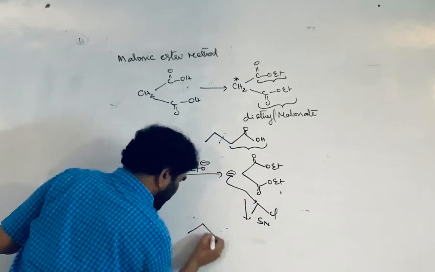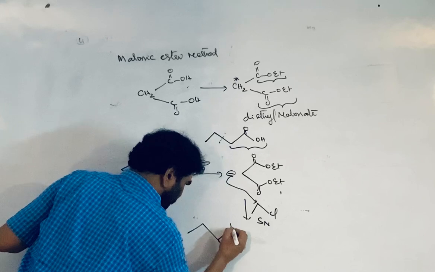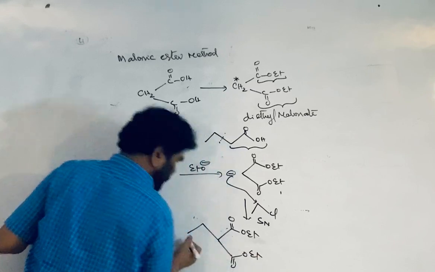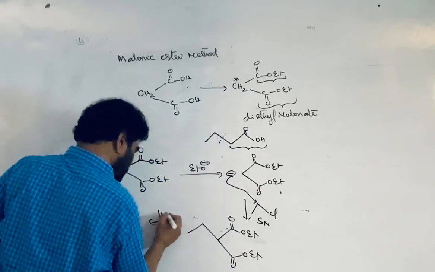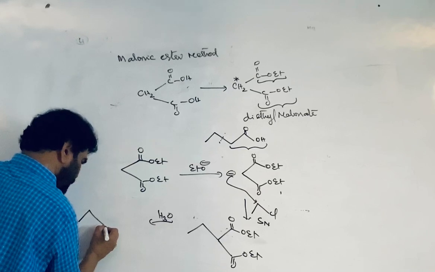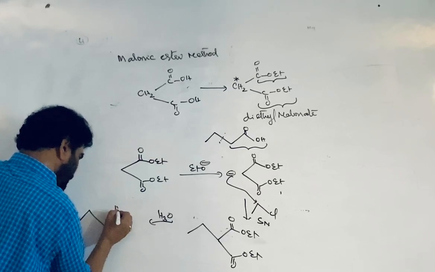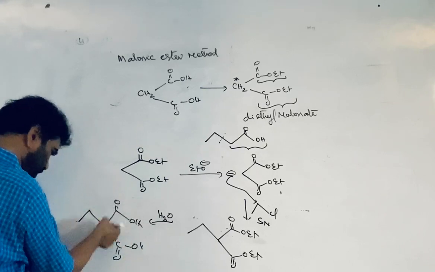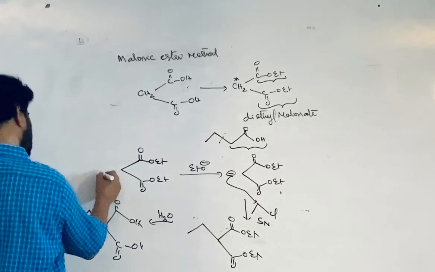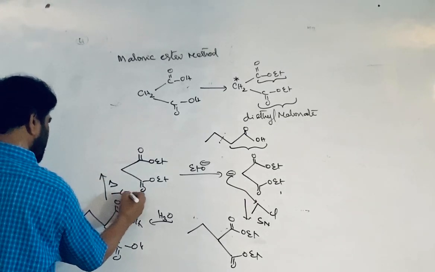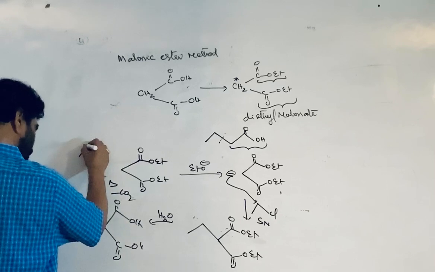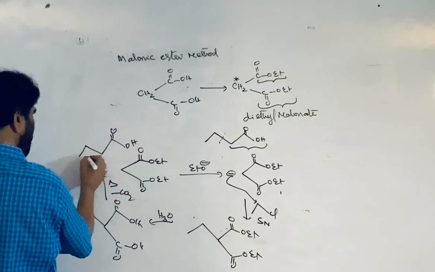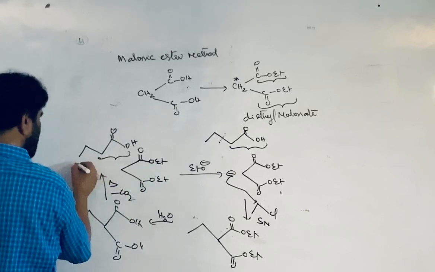So the malonic ester, on hydrolysis, gives the malonic acid part, 2-ethyl malonic acid. This on heating loses the C3 dicarboxylic acid part by decarboxylation, and butanoic acid is formed. This part is from malonic acid, and this is from the alkyl.